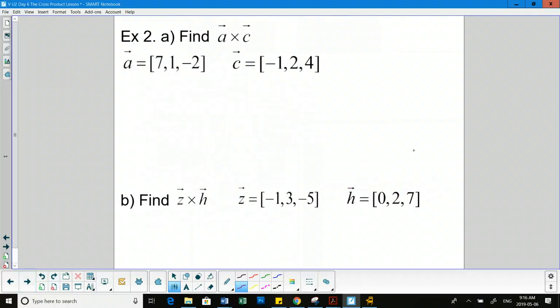All right, A cross C. So this is what I'm going to do, guys. I'm going to write my A vector twice. One, -2. And then I'm going to write my C vector twice.